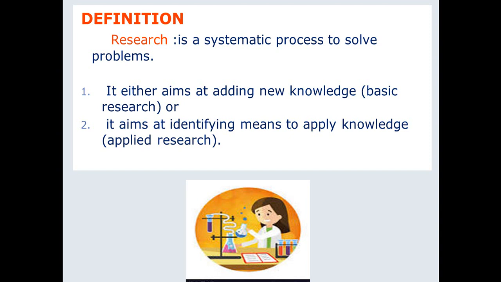So we have a problem, and the research is a systematic work to solve that problem. It is either aimed at adding new knowledge to the basic knowledge, so we call it the basic research, or aims to identify means to apply knowledge, to apply work, and this is called applied research.